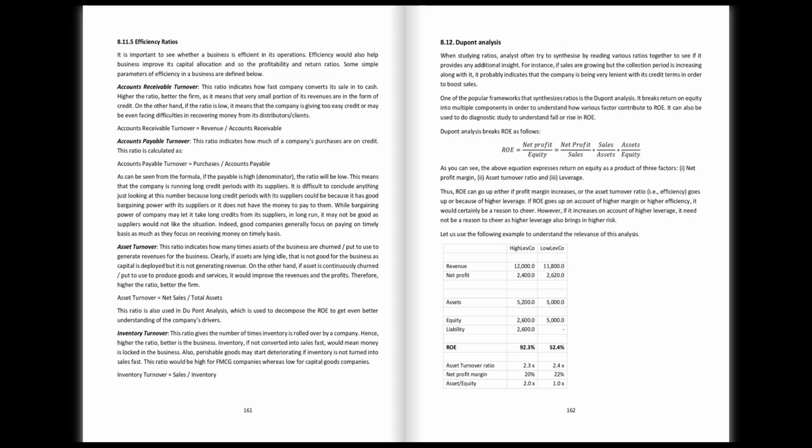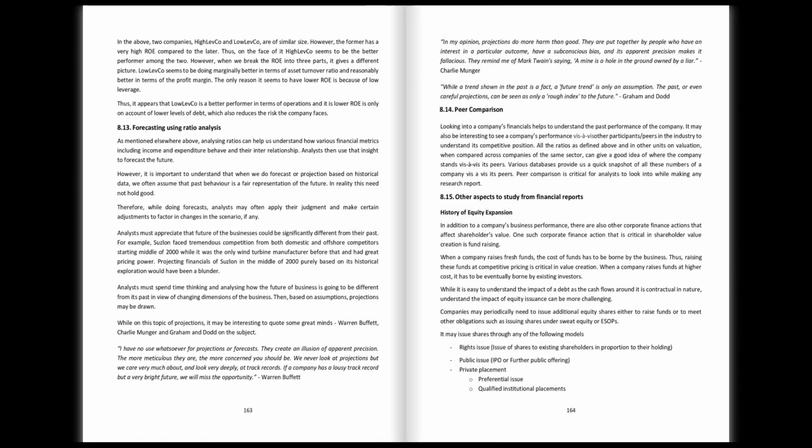Thus, ROE can go up either if profit margin increases or the asset turnover ratio, that is, efficiency goes up, or because of higher leverage. If ROE goes up on account of higher margin or higher efficiency, it would certainly be a reason to cheer. However, if it increases on account of higher leverage, it need not be a reason to cheer, as higher leverage also brings in higher risk.